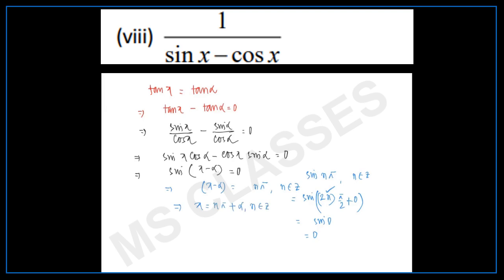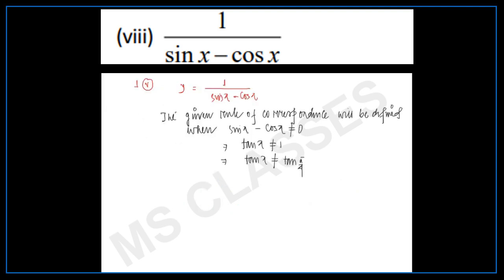Now here we substitute that value, x not equal to n pi plus pi by 4, n an integer. So the required domain will be R minus the set of n pi plus pi by 4, where n belongs to the integers.